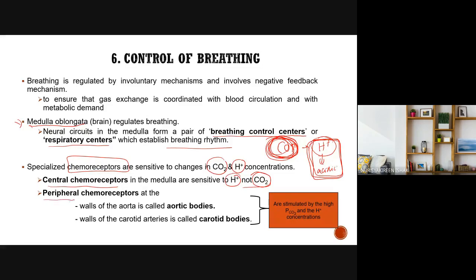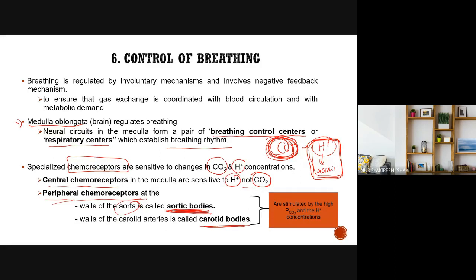So next one is the peripheral chemoreceptors. Okay, peripheral chemoreceptors at the wall of the aorta are called the aortic bodies. Ini kita namakan dia sebagai peripheral chemoreceptor dekat aorta ni. Ada satu tissue ni we call it as the aortic bodies. Dia bertindak sebagai chemoreceptors. Okay, and also walls of the carotid arteries are called the carotid bodies.